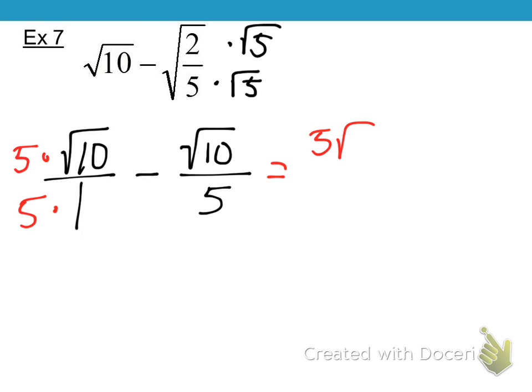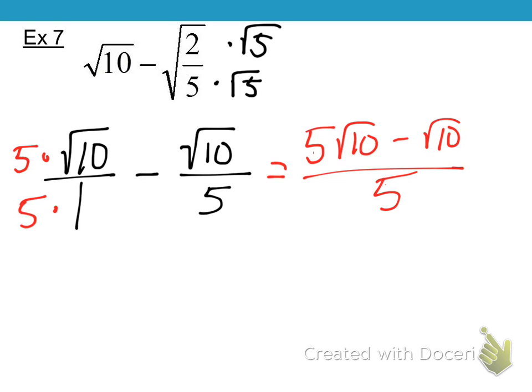So 5 square root 10 minus square root 10 over 5. I just wrote it over one big 5 because they both have common denominators, right? What is 5 square root 10 minus square root 10? 4 square root 10 over 5.